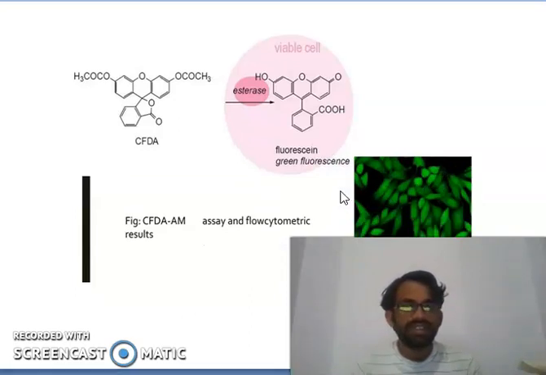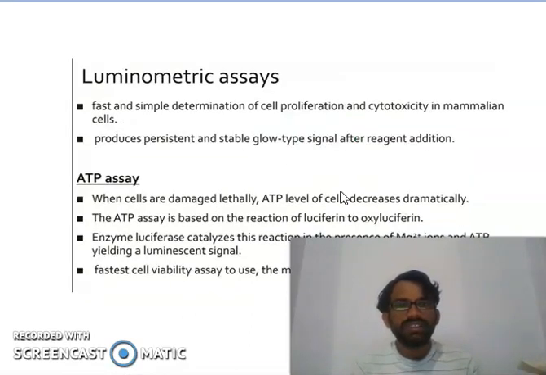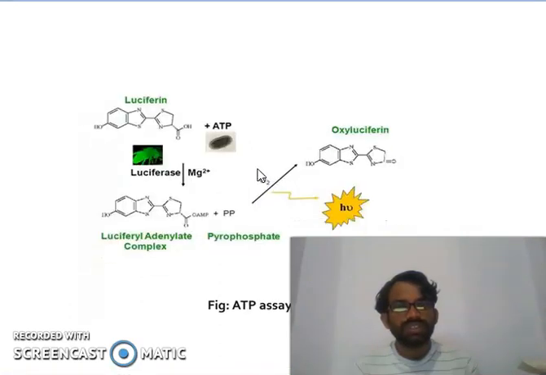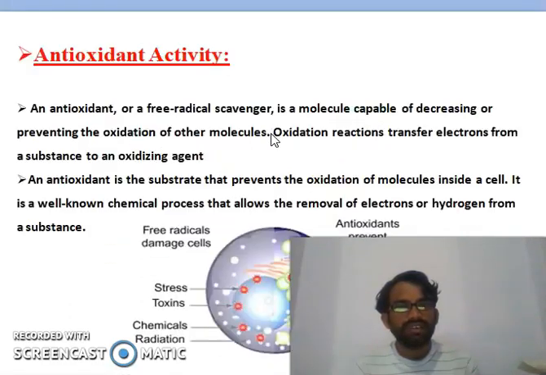Next, luminometric assays: a fast and simple determination of cell proliferation and cytotoxicity of mammalian cells, producing a stable glow-type signal after the reagent is added. The ATP assay is used for cytotoxicity, as ATP levels drastically change. You can see this kind of ATP assay.